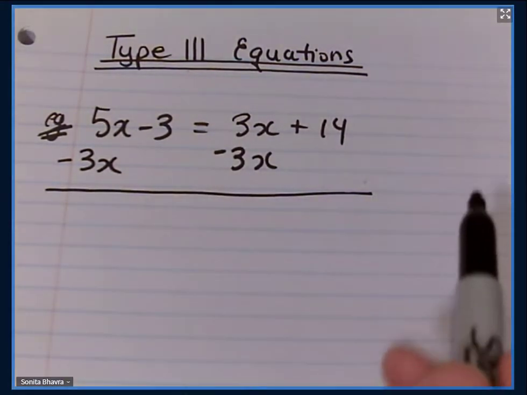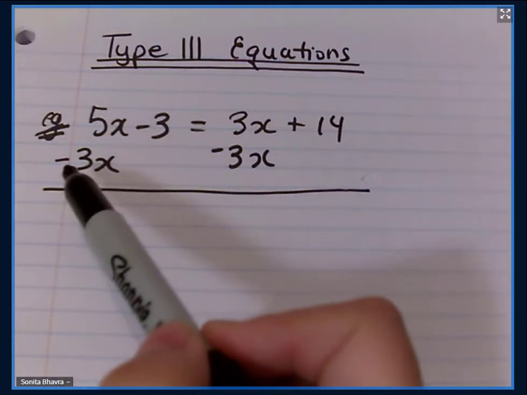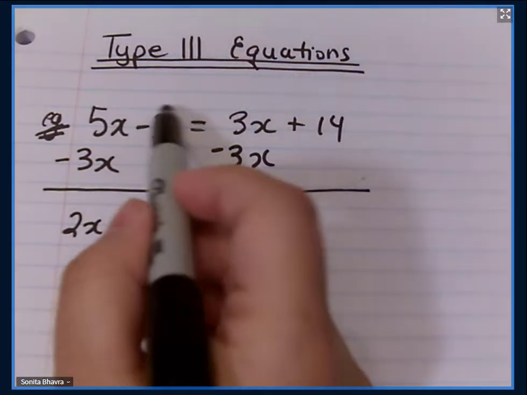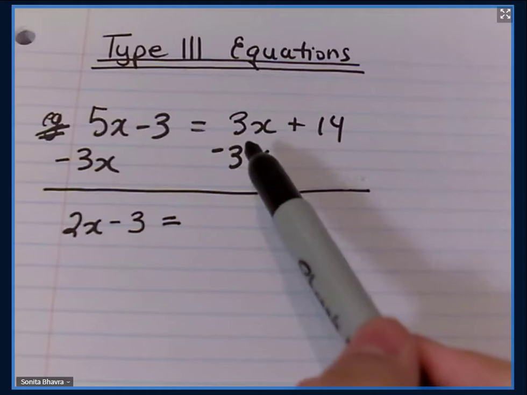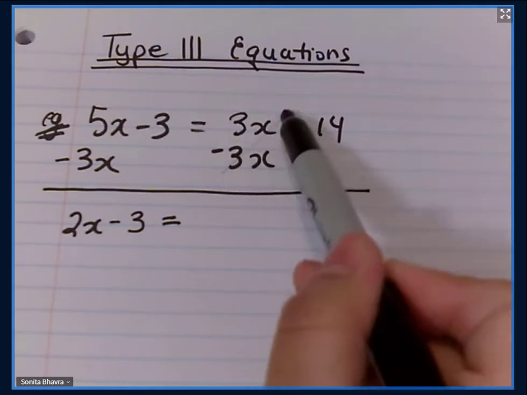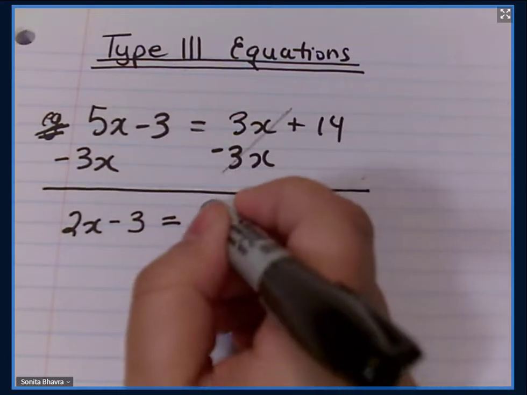So what happens now, on our left-hand side, we have 5x minus 3x, which gives me 2x. And we still have the minus 3 to bring down. On our right-hand side, 3x minus 3x is 0, so that is now gone on this side. And we're left with plus 14, or just 14.